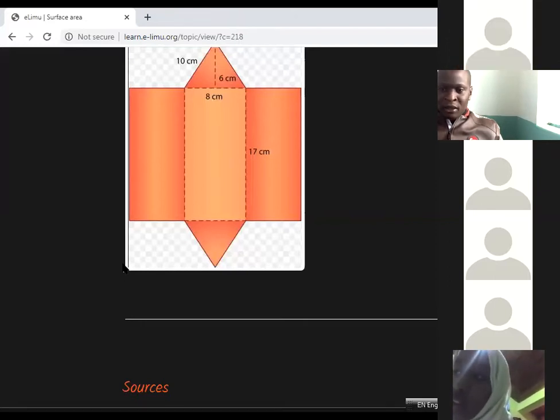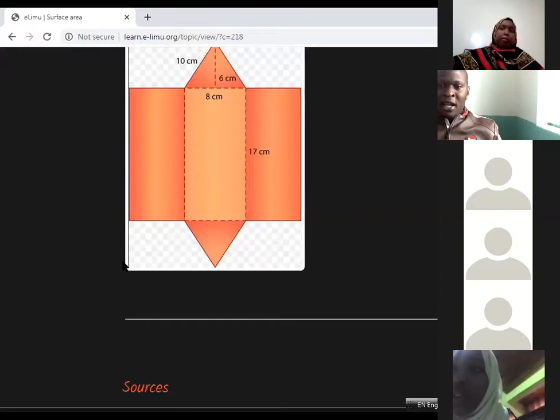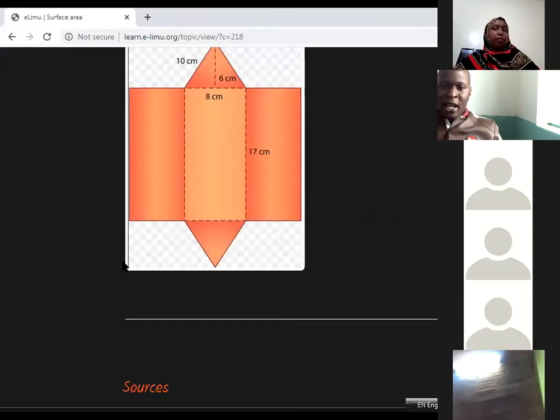The middle faces are rectangles. Now, if you are asked to find the surface area of that figure, you will find the area of the top triangle, you find the area of the bottom triangle, you find the area for the first rectangle, second rectangle, and third rectangle. After getting the areas, you put them together.